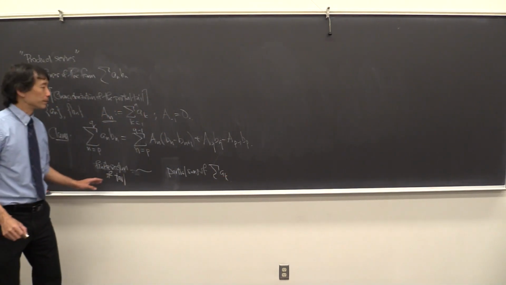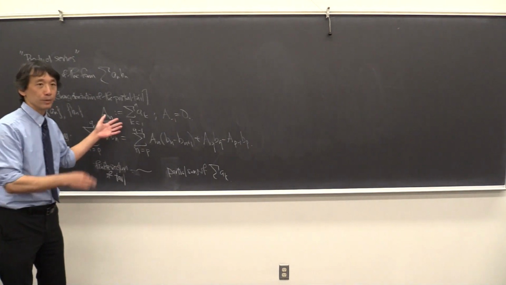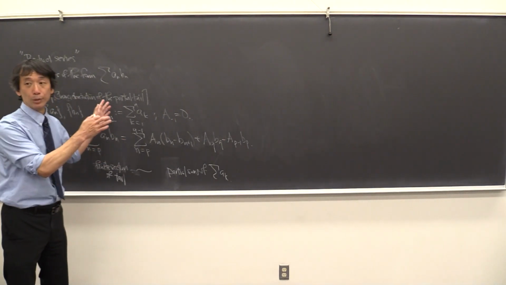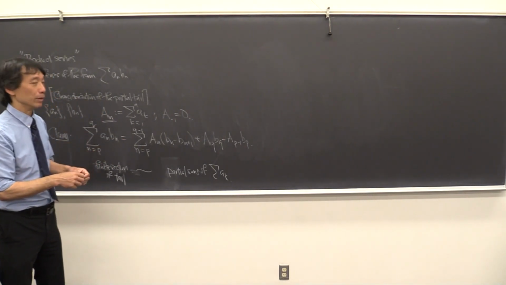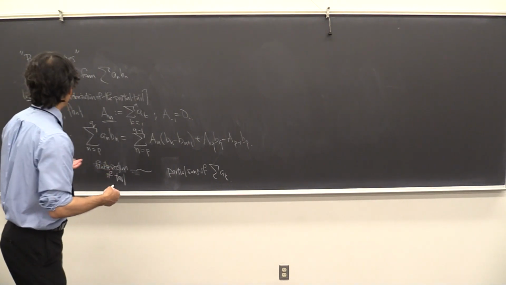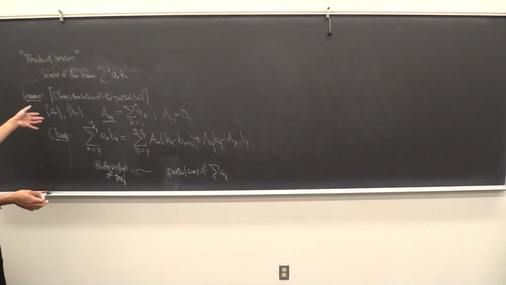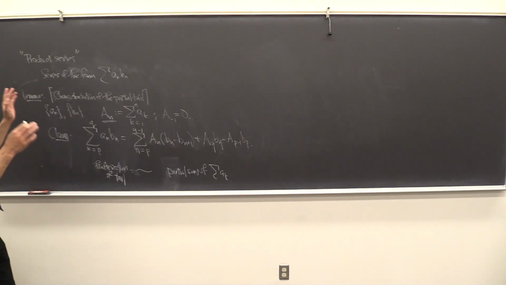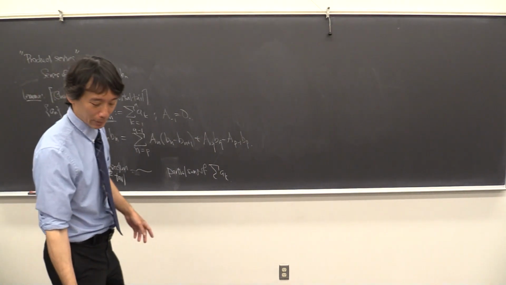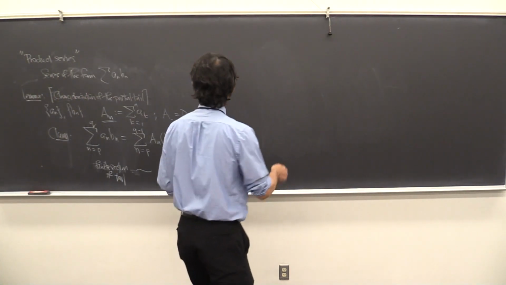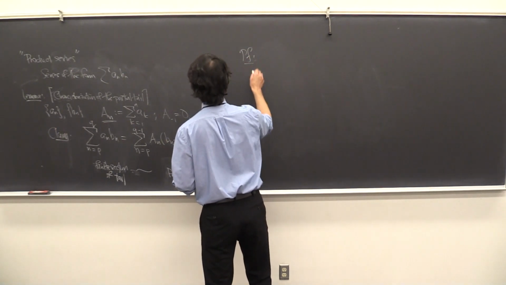Why are we doing this? This is basically a tool, and we'll use this a couple of times in what follows. So it's just a technical tool, just a lemma. We'll create it, we'll use it, and then we'll forget about it. Okay. So the proof is actually pretty straightforward.